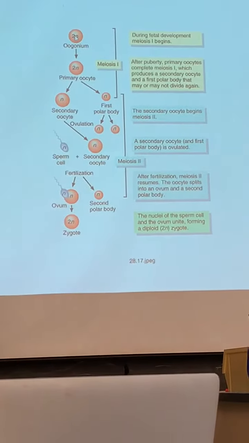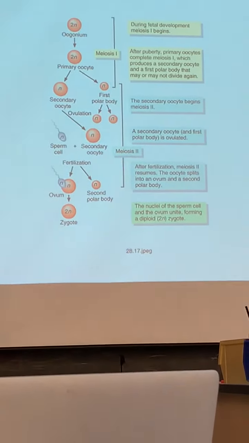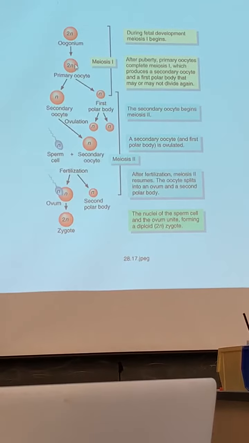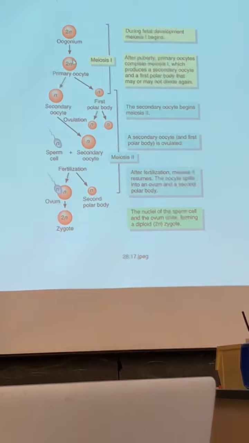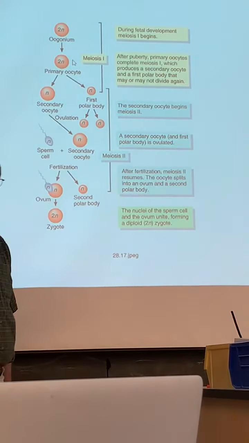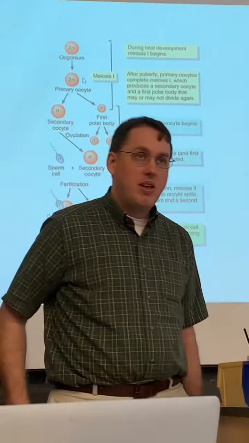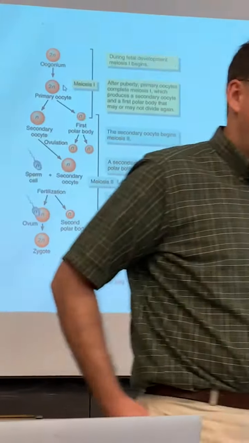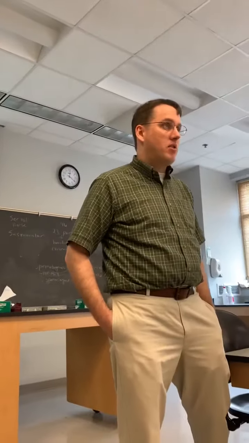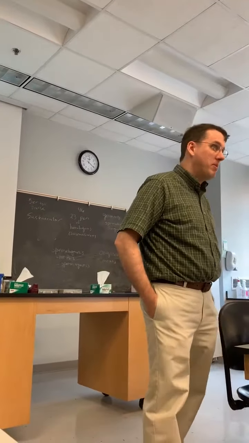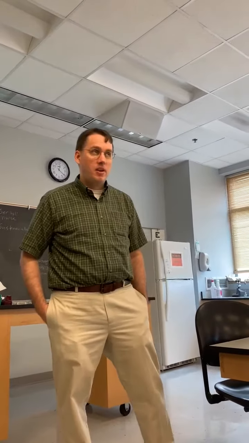before the young lady is even born, all of the oogonia enter meiosis 1. And then they stop and they hang out. There's millions of them when she's born, but they just kind of hang out over the next, however many it is, years, till she starts her periods, till she starts her potential reproductive life. Menarche it's called.